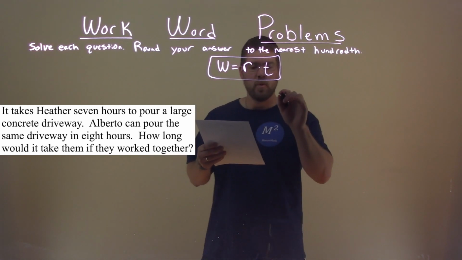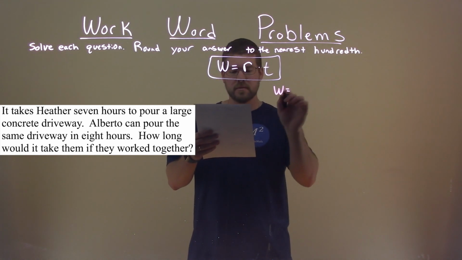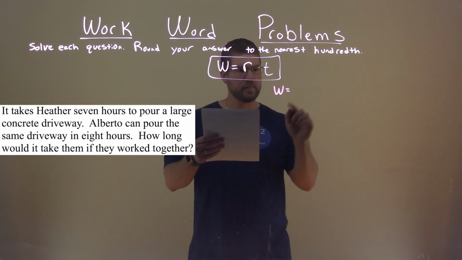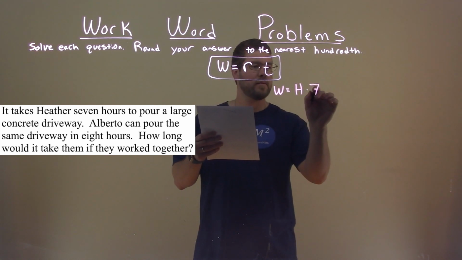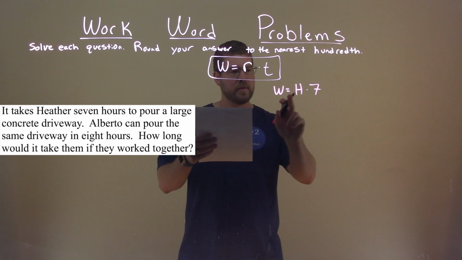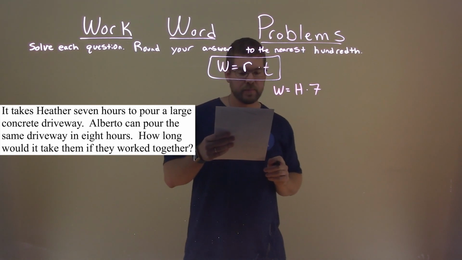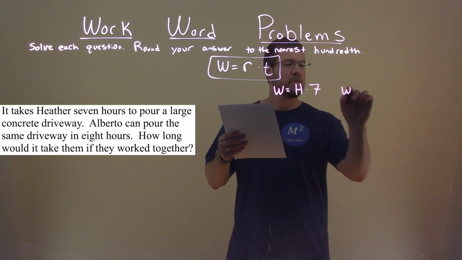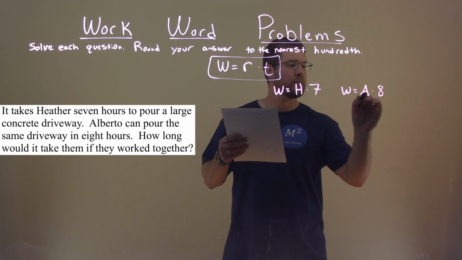Okay? We know the work, whatever that work is, which is pouring a large concrete driveway, is Heather's rate times time, and time is 7. So the work done is equal to Heather's rate times the time it took her, 7 hours. Alberto does the same job, and his time is 8 hours.